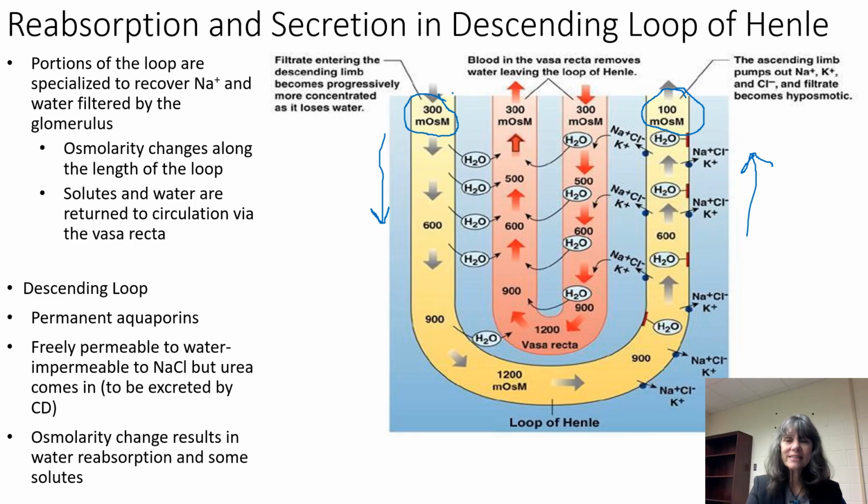So what happens is, as urine travels down the descending loop, water will leave that structure because there are permanent protein channels called aquaporins that are found along the membrane that make up that structure. So we've got permanent aquaporins, and that means that the descending limb is freely permeable to water.